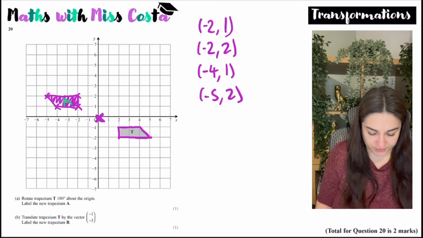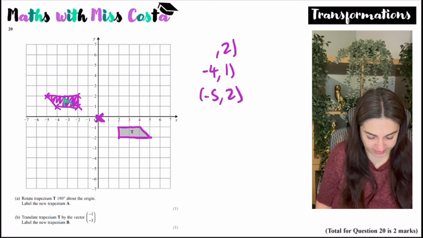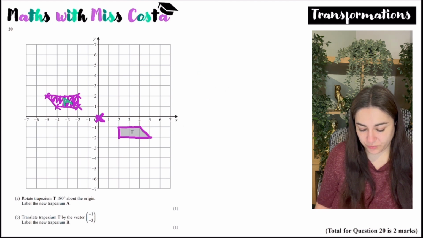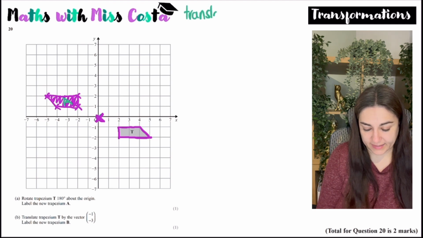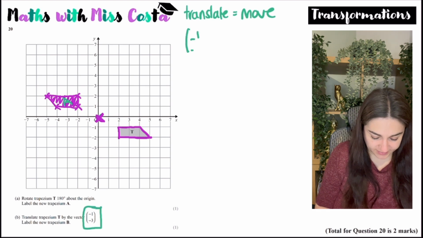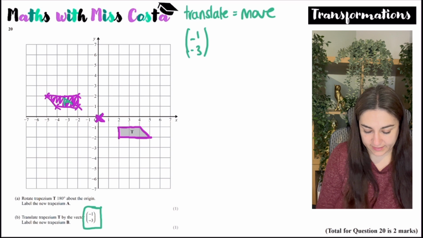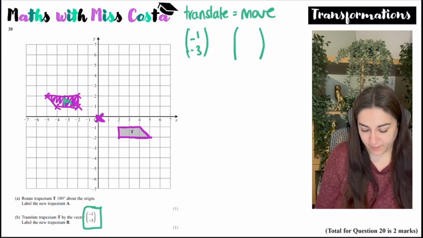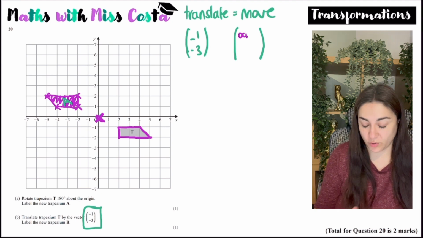The next question is saying translate. So translate, that means move it through the vector, and it's telling us the vector -1, -3. So your vector is a movement and your top part of the vector is the movement across.